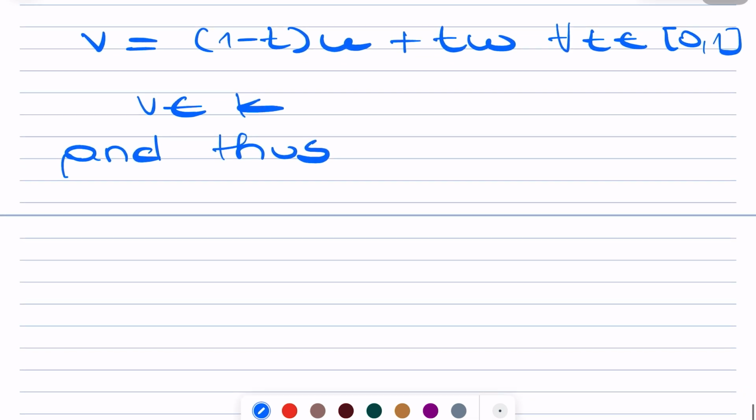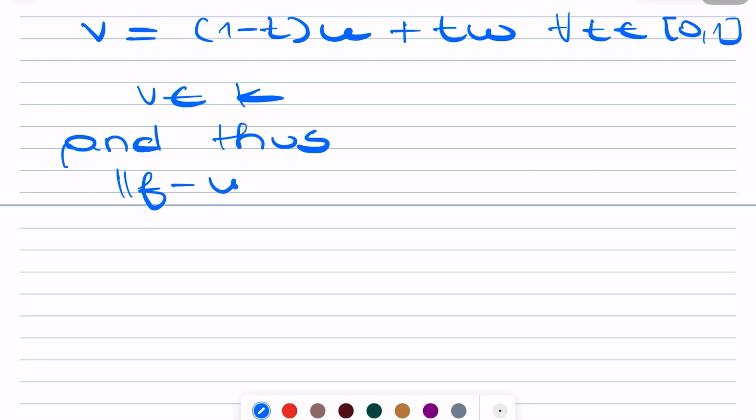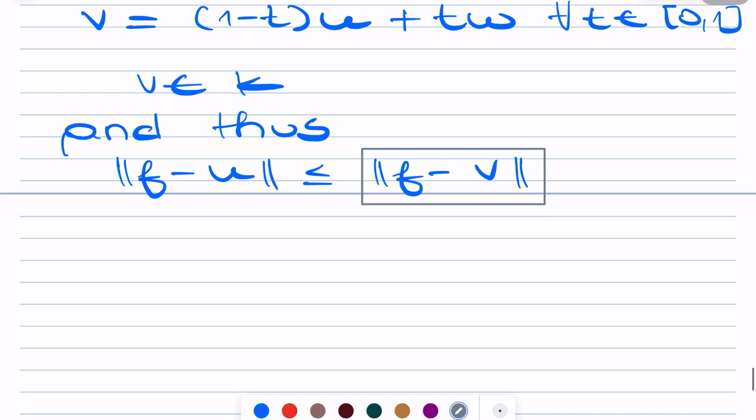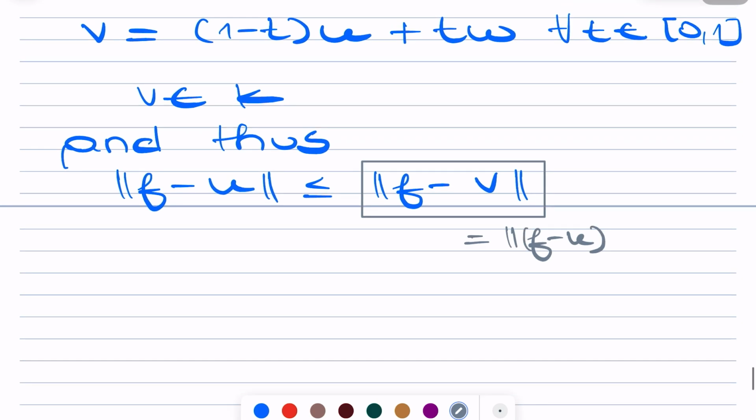And thus, by definition, norm of f minus u is actually the inf, so this is less or equal than the norm of f minus v, right? Let me just draw your attention to the fact that this is again the norm of f minus u, just replace v by its value, so minus t times u minus w. So good.